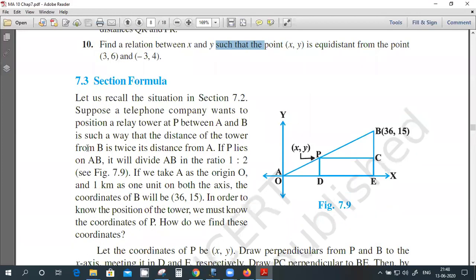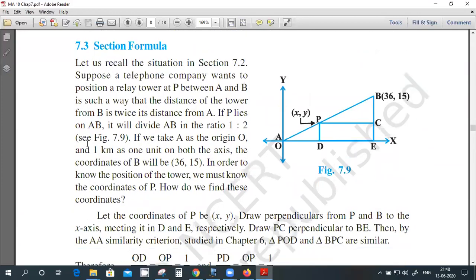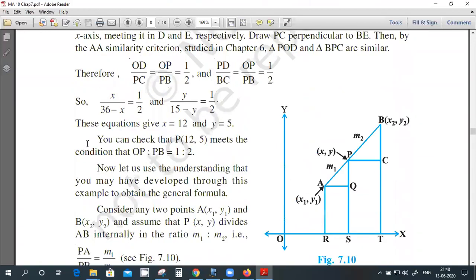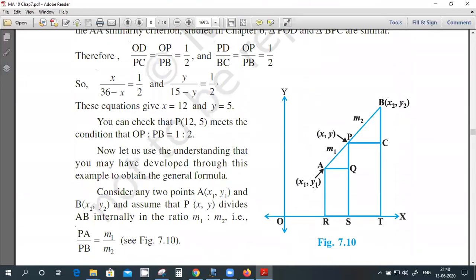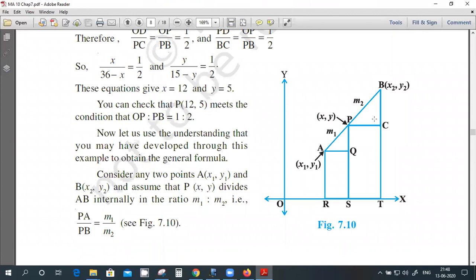Okay, next is the section formula. Here we have two given points, (x1, y1) and (x2, y2), and then there is a third point (x, y), which is in between on the line segment joining AB, and it divides the length AB in the ratio m1 to m2.